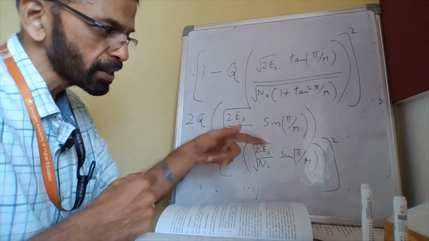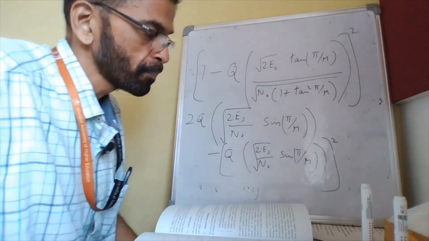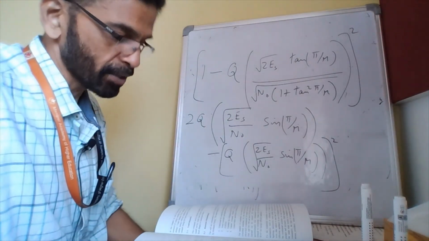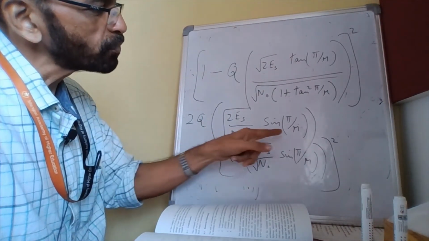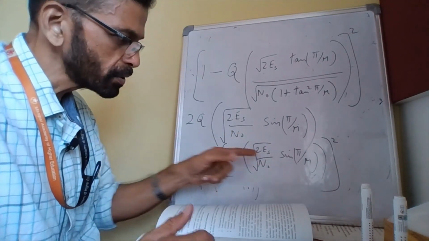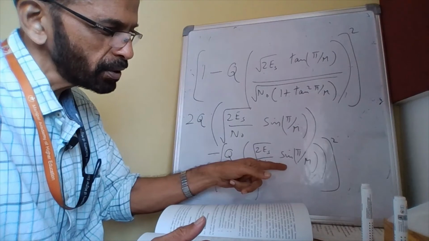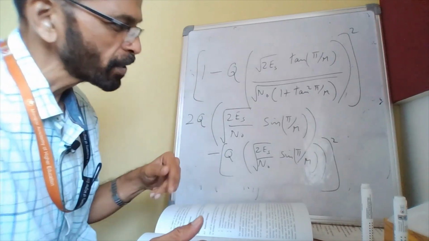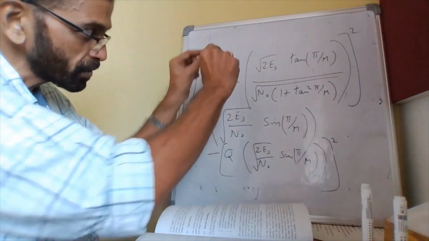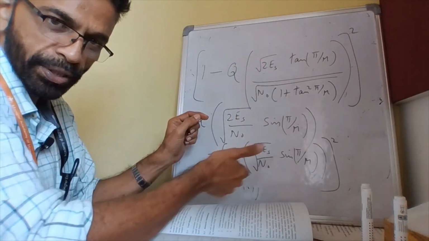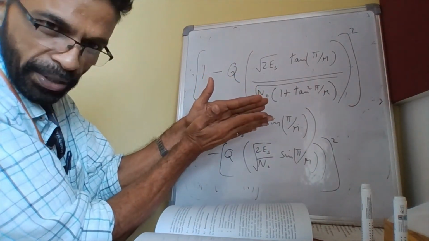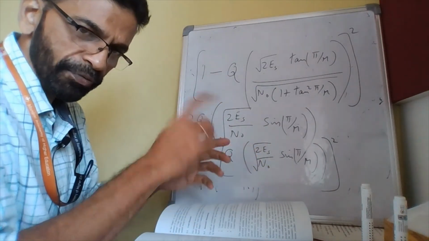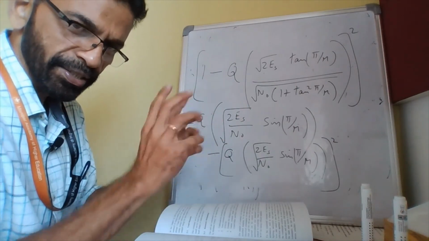So this is the generalized expression for the probability of error of M-ary PSK, not M-ary QPSK. And you can see, as M becomes larger and larger, this term becomes more and more considerable compared to what it would have been for smaller values of M. So what is happening is that as M becomes larger and larger, the points on the constellation become closer and closer, because the angle between them is 2 pi by M. It has become closer and closer, and hence the types of errors which are not just the adjacent errors become significant.